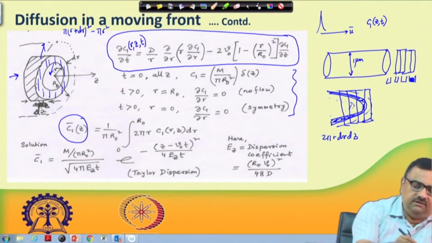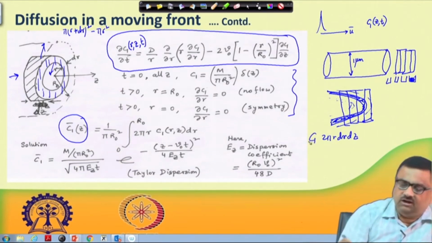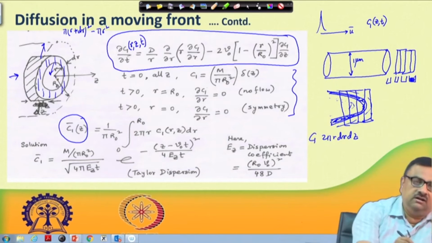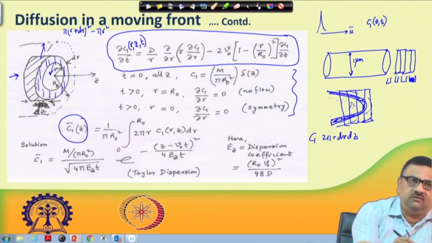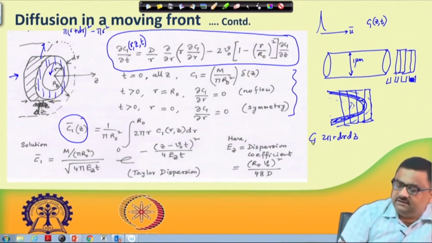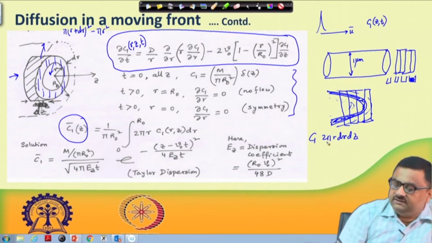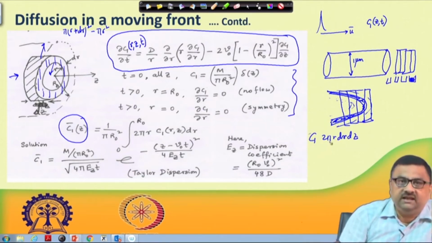This entire element will have a concentration of C1, because C1 of r and z applies around r, a differential area, and around z, a differential length. So this is the differential volume you can construct around r and z, where C1 is valid. The volume is in meter cubed and the concentration is in kg per meter cubed, so this gives me kg.